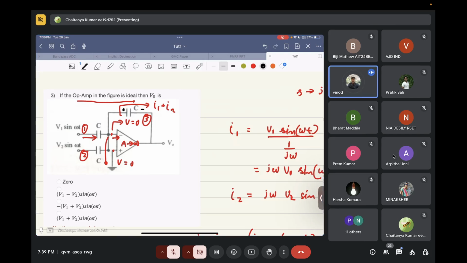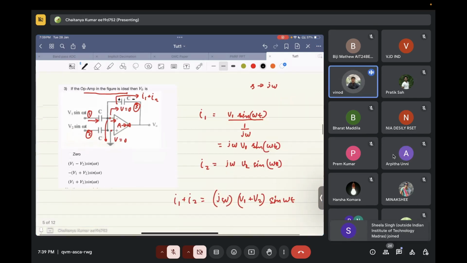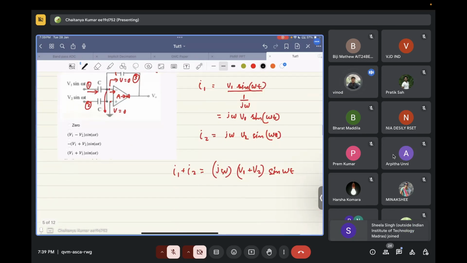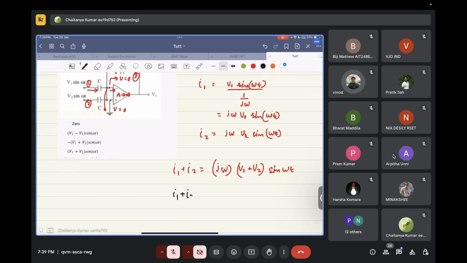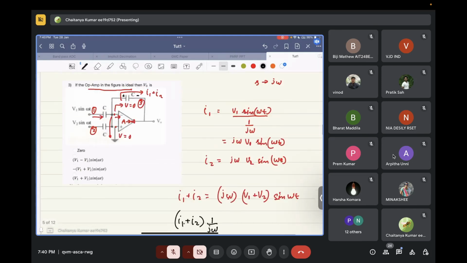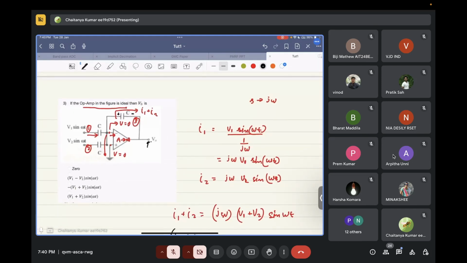It will be this current I1 plus I2 times the impedance, which is 1 by j omega. So the final voltage across the capacitor will be (V1 plus V2) sin omega t.